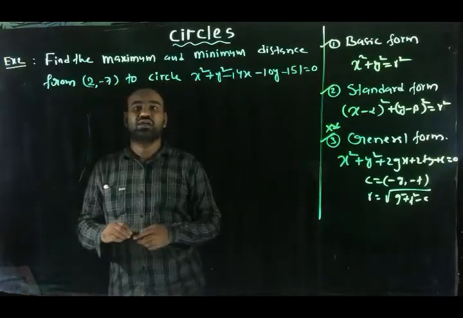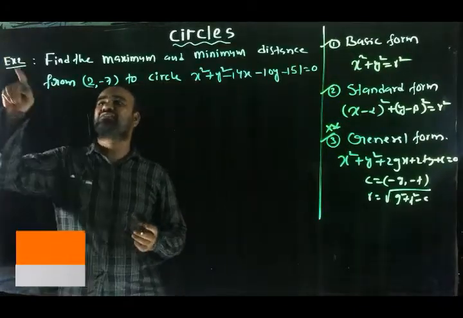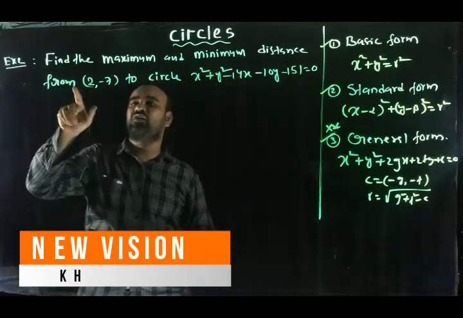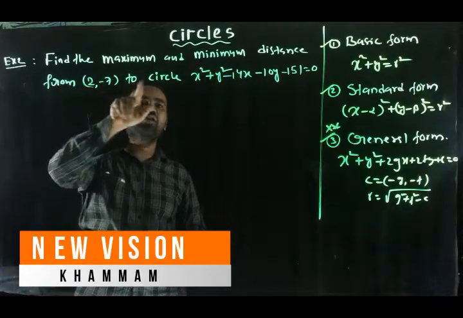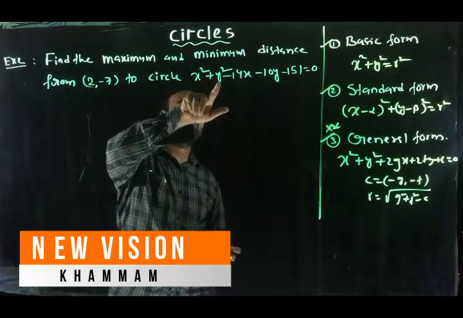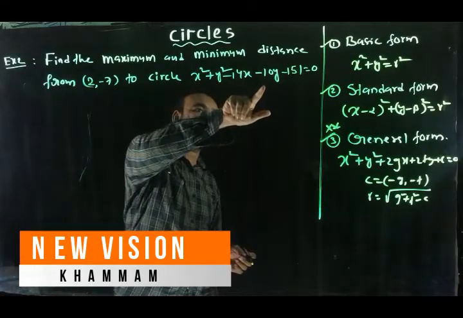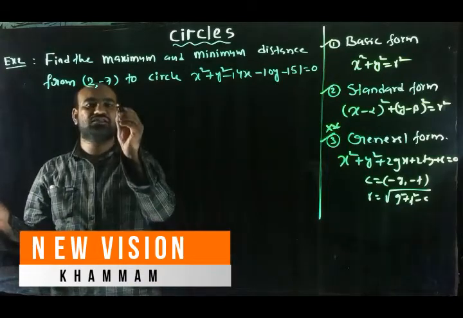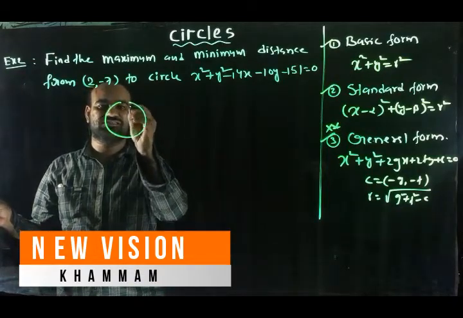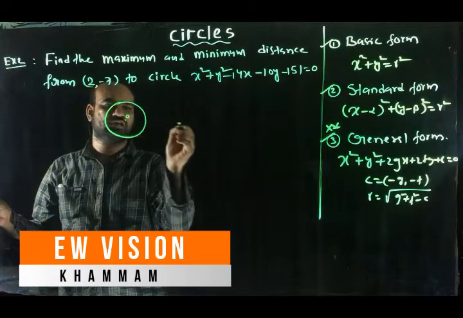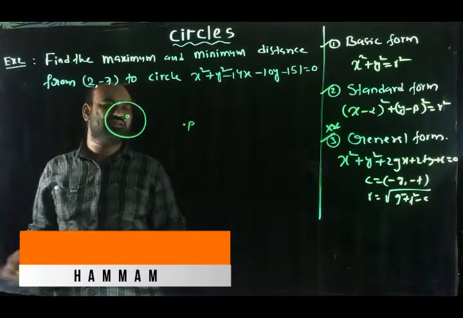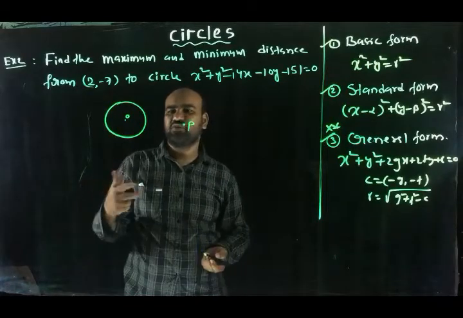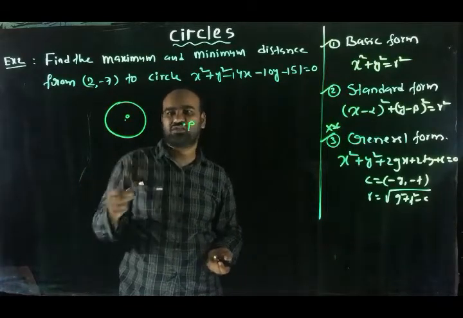Okay, student. Another example problem, an interesting example. Find the maximum and minimum distance from (2, -7) to the circle x square plus y square minus 14x minus 10y minus 151 equal to 0. A circle is given and a point P. You don't know the position of the point, maybe on the circle, maybe inside or maybe outside, you can check.